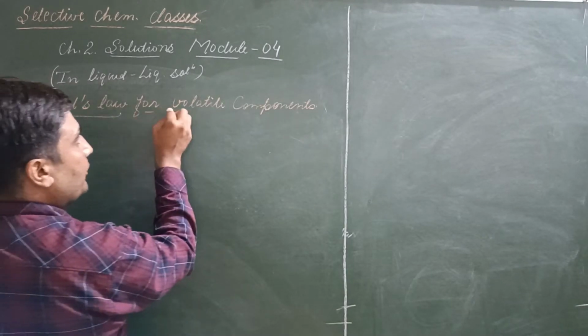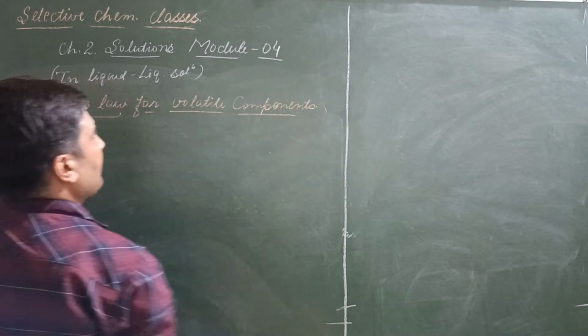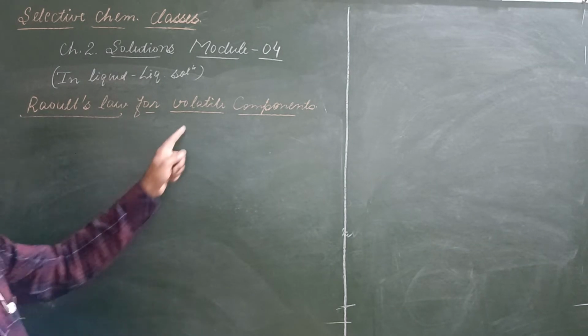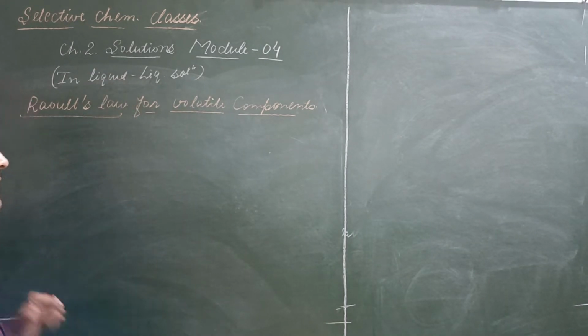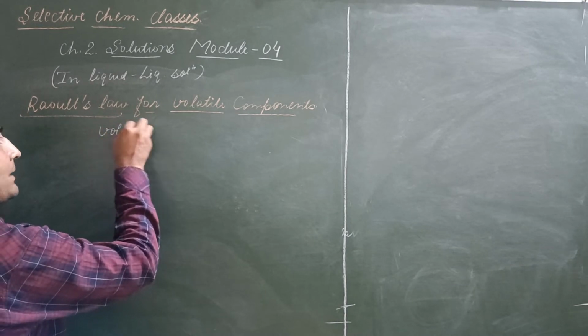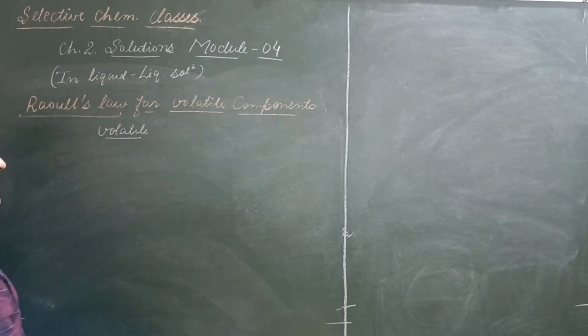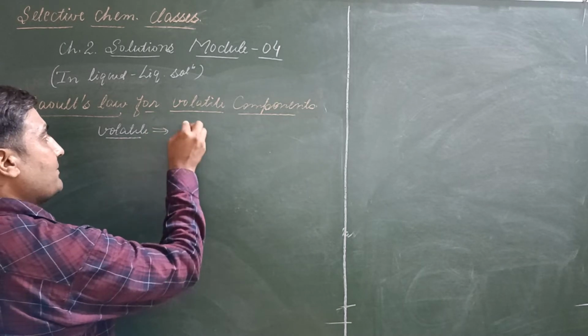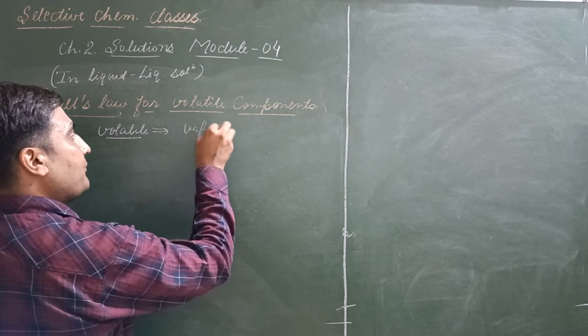First of all, we must have clarity about this term volatile. Volatile means when both the components, solute and solvent, have tendency to form vapors. They easily form vapor.